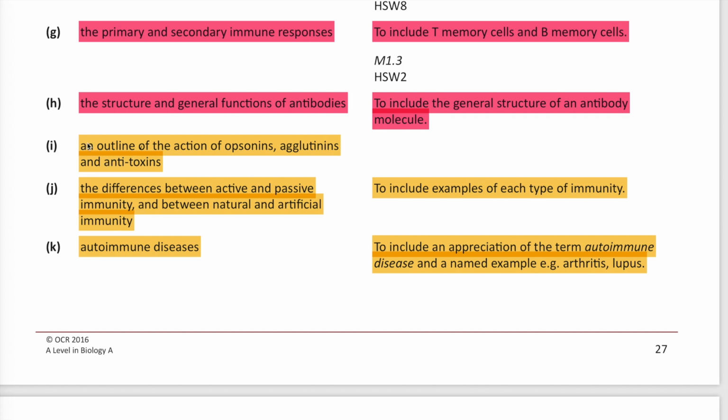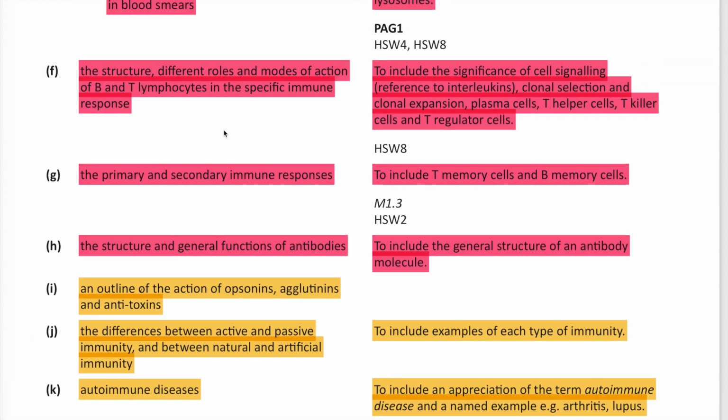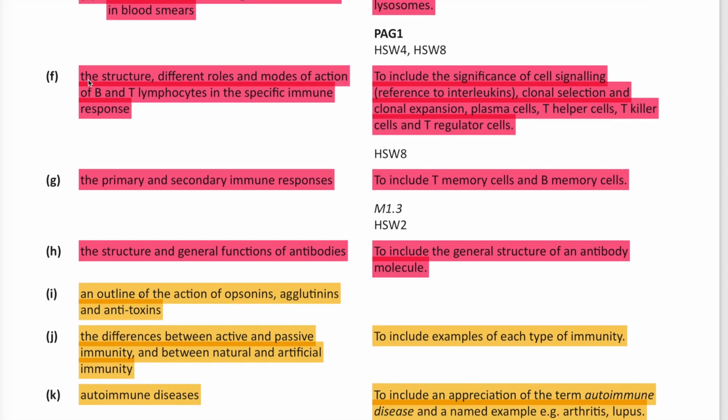But all of point I rests on you understanding what an antibody is and how it functions. Then the next thing you have is J, which is the difference between active and passive immunity. Again, that is essentially an application of understanding the immune system.